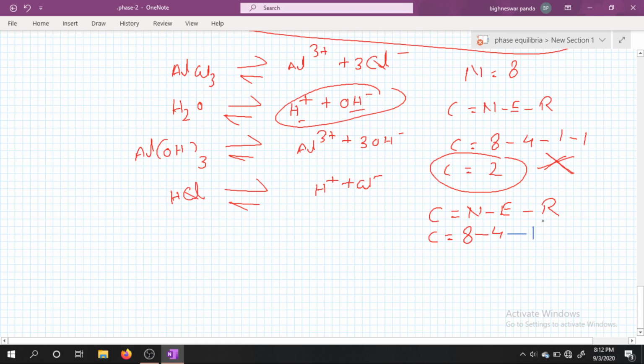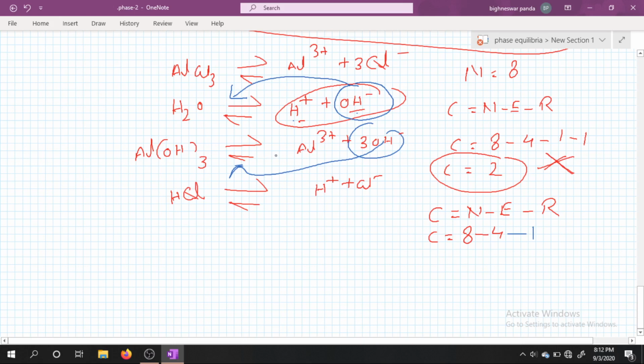But another restricted condition we were considering here, H plus and OH minus, but this OH minus is not only coming from water but also from aluminum hydroxide. So we don't know whether the OH minus is coming from water or aluminum hydroxide.